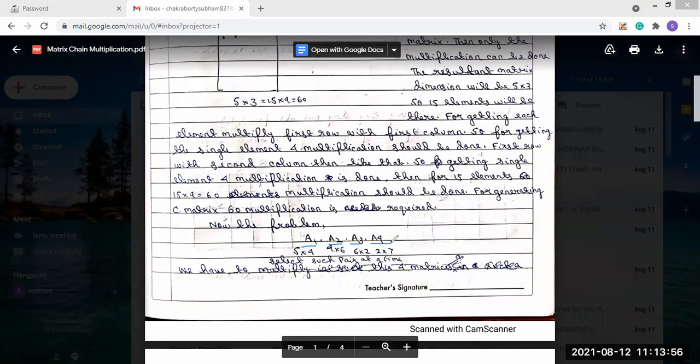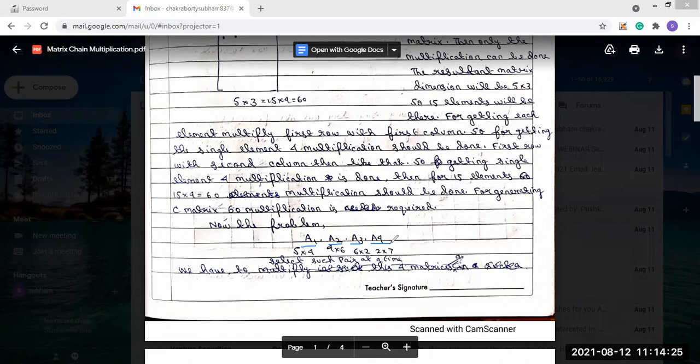A1 has a dimension 5 into 4, A2 has a dimension 4 into 6, A3 has a dimension 6 into 2, and A4 has a dimension 2 into 7. So the 4 matrices and their dimensions are mentioned.